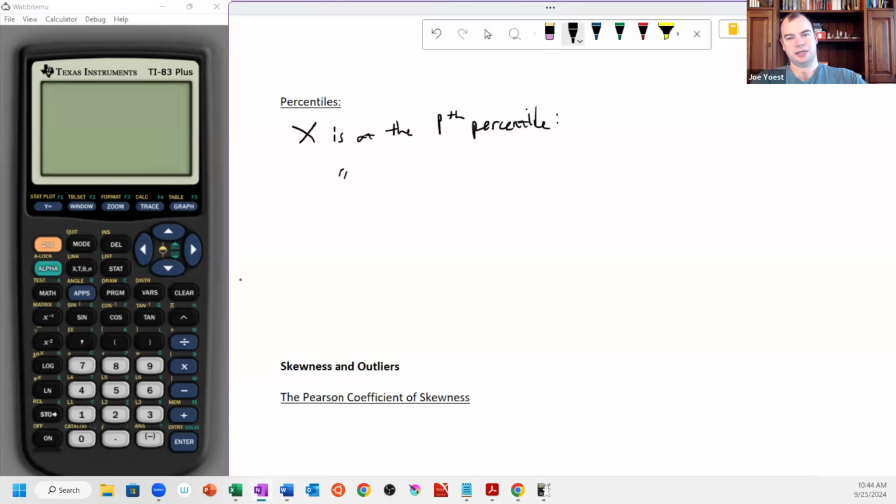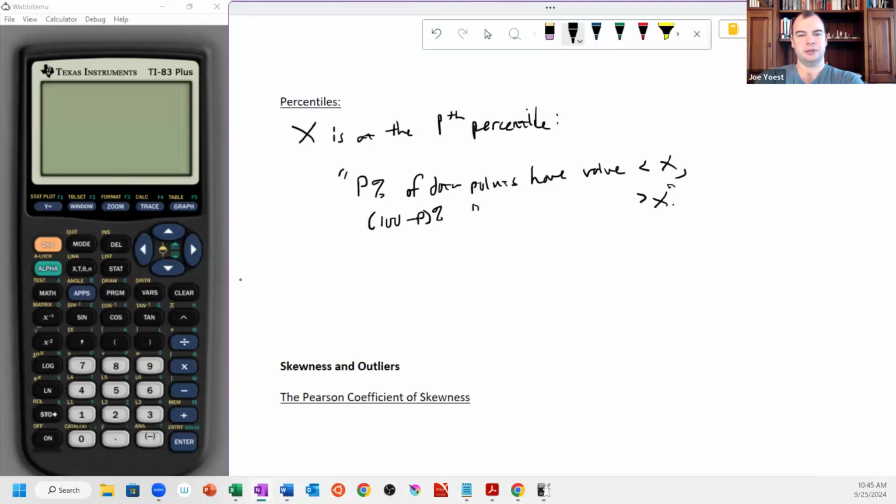I mean, roughly speaking, that p% of the data points have a value less than x, and 100 minus p% of the data points have a value bigger than x. So if I say that this score on an exam is at the 70th percentile, I mean, that person did better than 70% of folks who took that exam and worse than 30% of folks who took that exam.